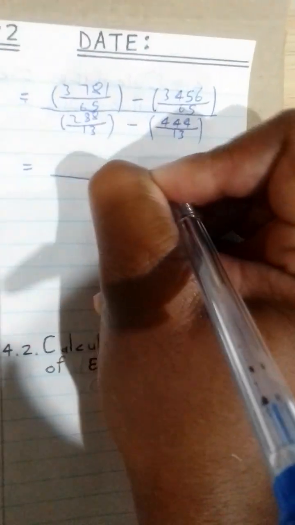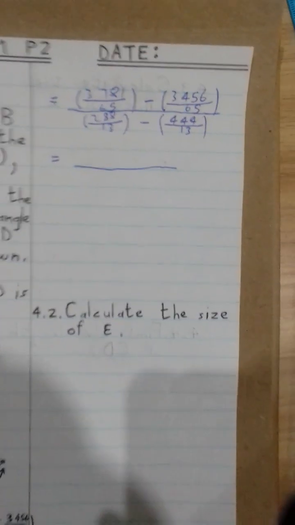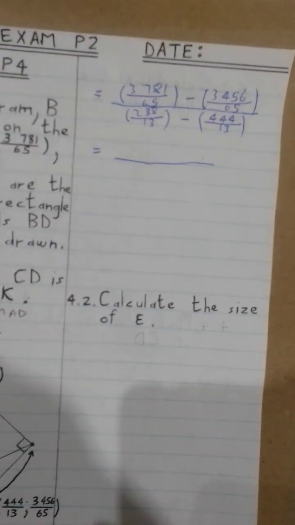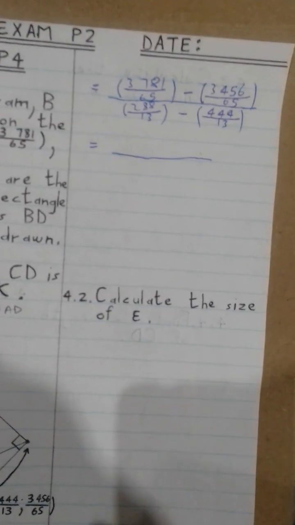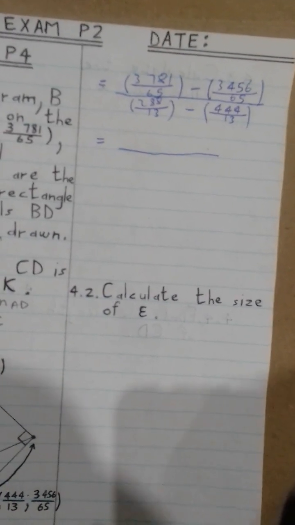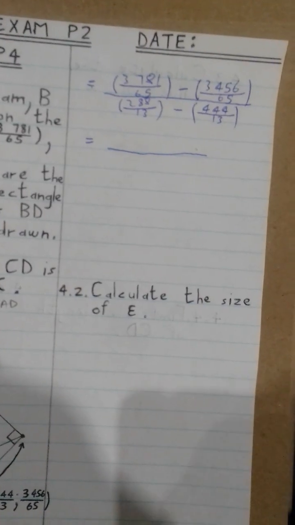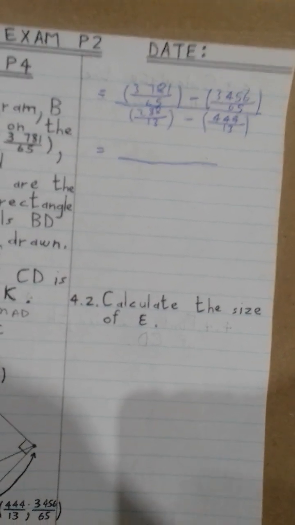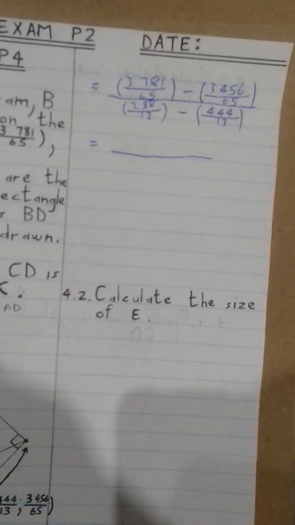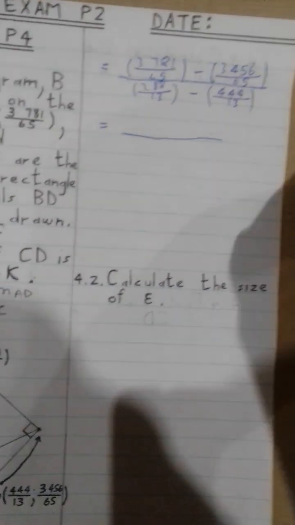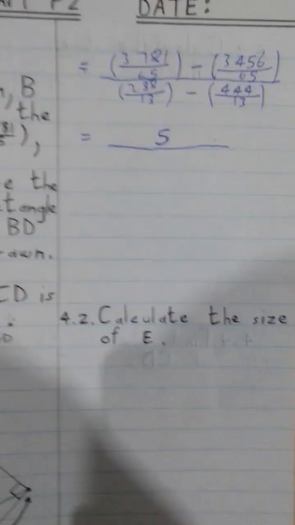So in the numerator, what do we have? 3781 over 65 minus 3456 over 65. In the numerator we have 5.